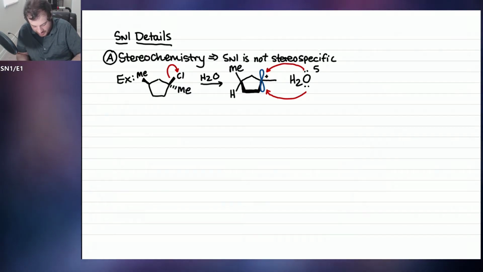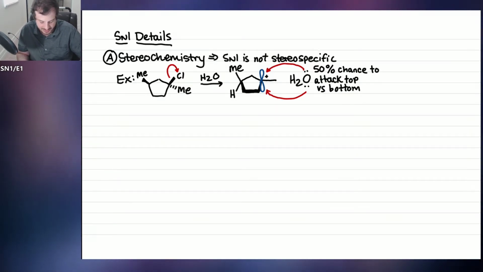So 50% chance to attack the top versus bottom. It's completely random. So what that means is that the product is random. The stereochemistry becomes randomized, and we actually get two products out, which happen to be diastereomers of each other.